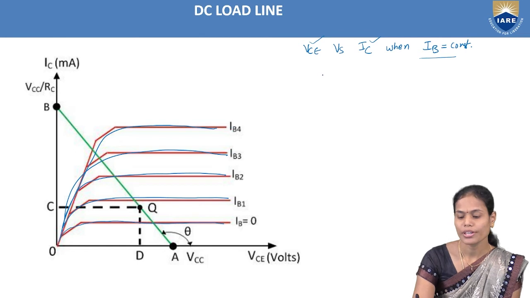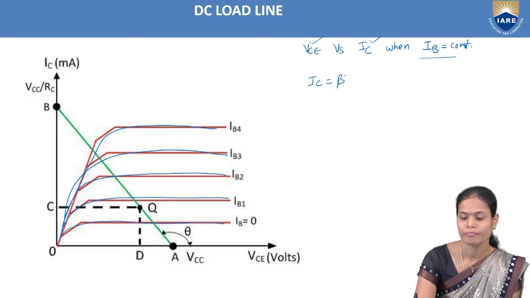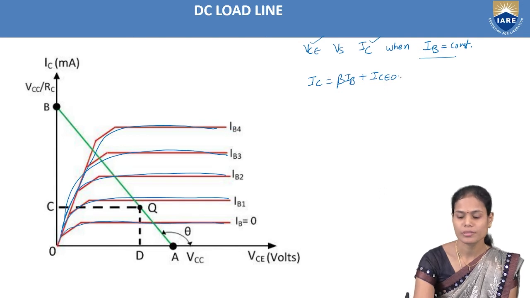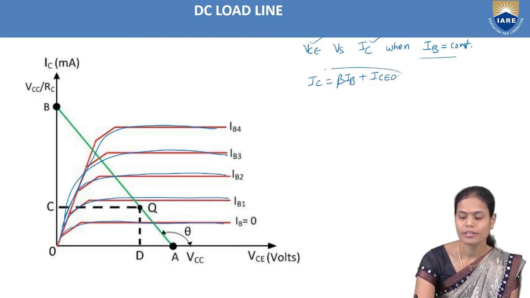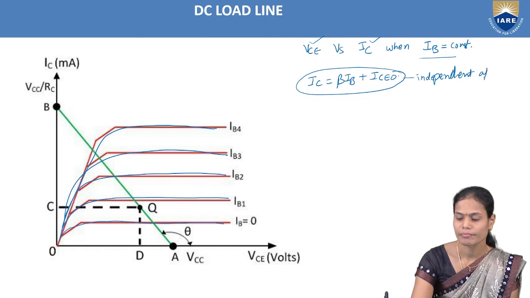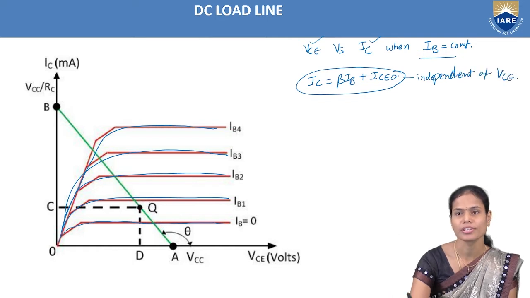Here, if we see the output current equation of this common emitter amplifier, that is IC equal to beta IB plus ICEO. If you see this equation, this IC is independent of VCE voltage.